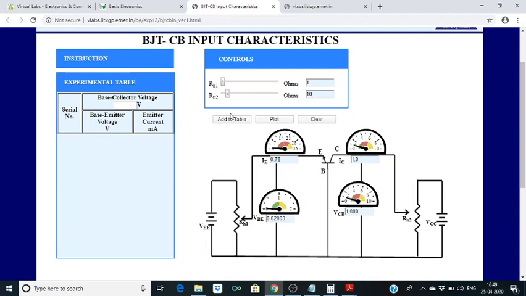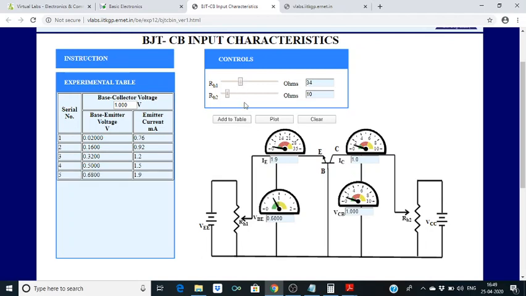Suppose here we add to the table, we are taking different VBE. This way we will add these observations.